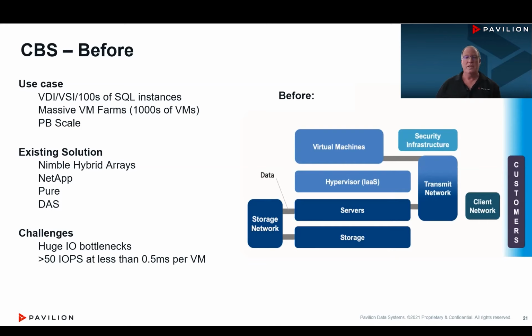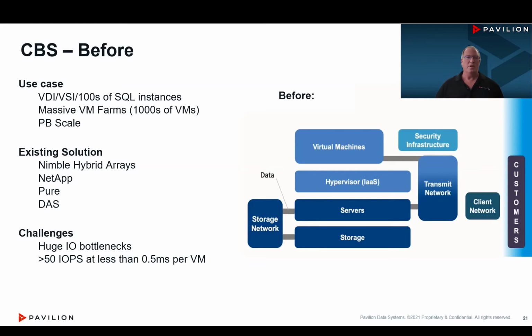Not only did they need to have 50 IOPS at less than half a millisecond per virtual machine instance, they also needed to drive up their utilization of SQL Server, load SQL Server instances into VMs, and deliver the performance that they were typically getting with bare metal.